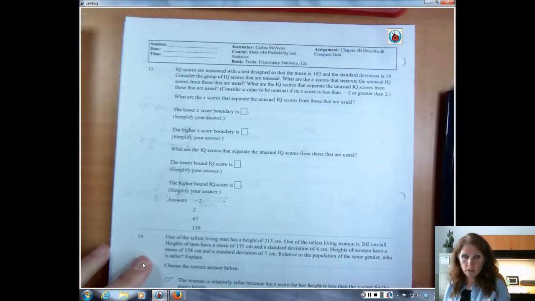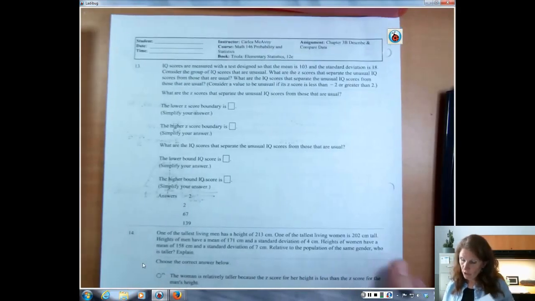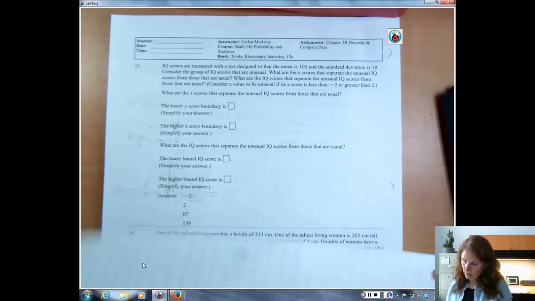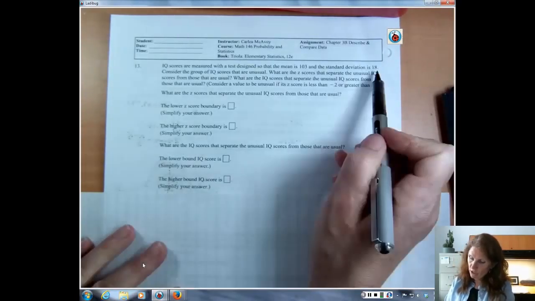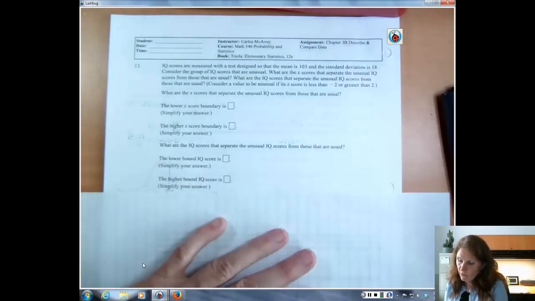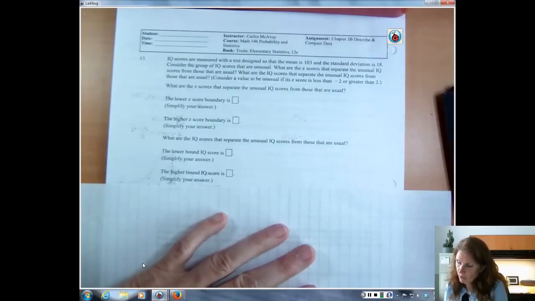All right, let's go on to number 13. IQ scores are measured with the test designed so that the mean is 103 and the standard deviation is 18. Consider a group of IQ scores that are unusual. What are the z-scores that separate the unusual IQ scores from those that are usual?